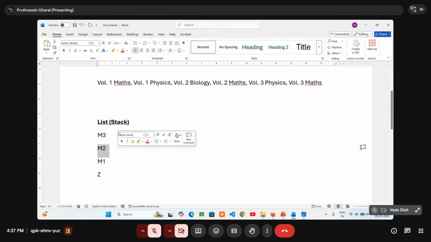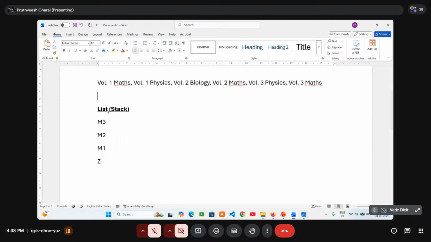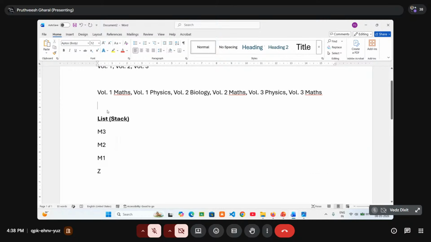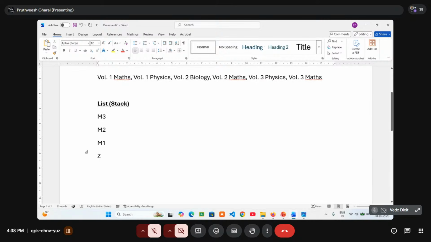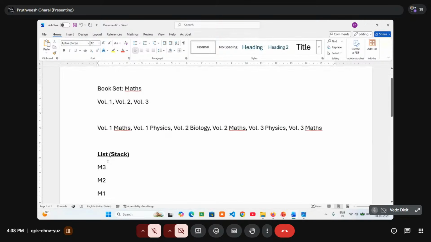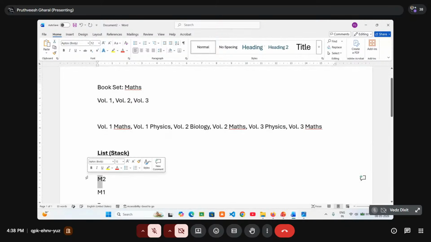So you're seeing that this stack allows us to track, as a push down automaton, what books we have found in this book set. Using a symbol, we write here what books we have encountered. It helps us to track.